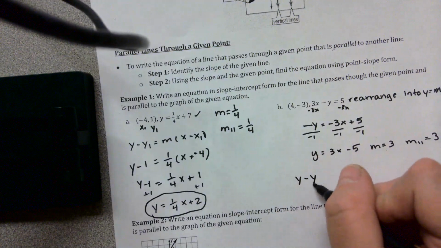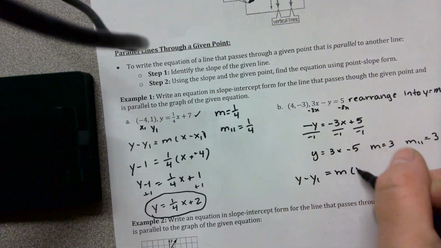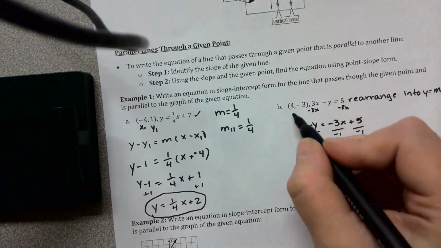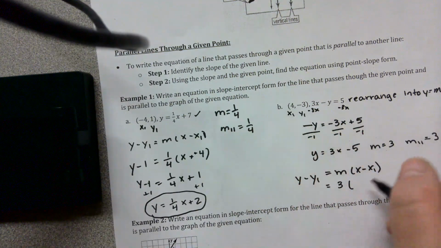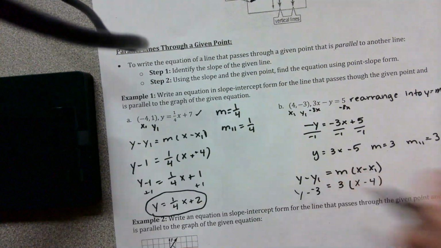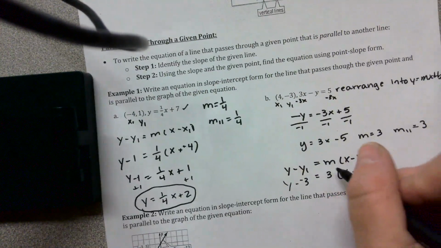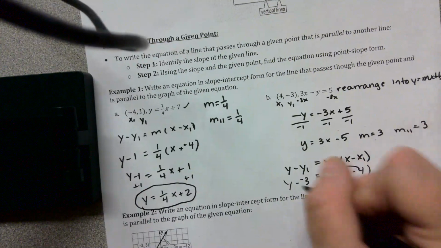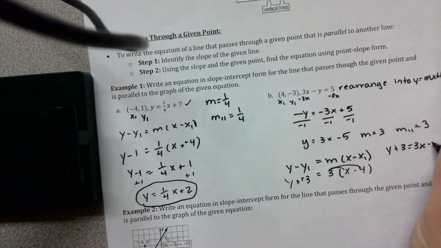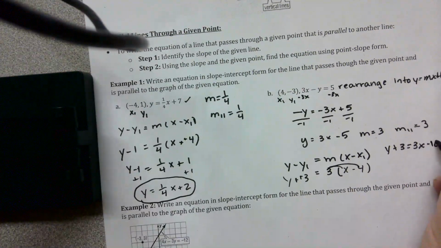So we're going to use our equation, and we're going to use the 3 we have, and then this is our x1, y1, and we're going to replace our x, and we're going to replace our y. So then my equation is y plus 3 equals 3x minus 12.